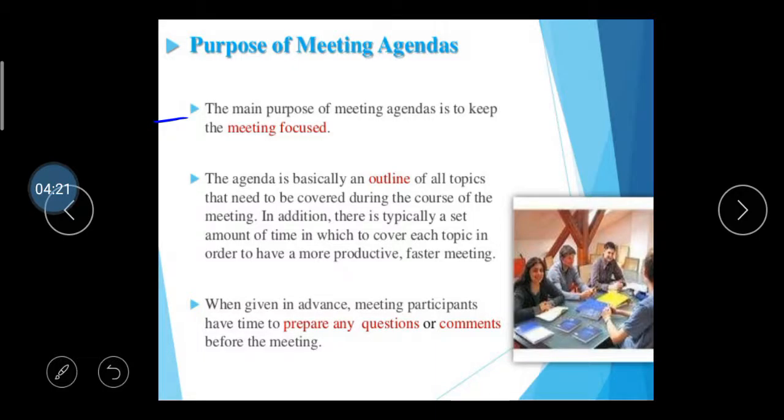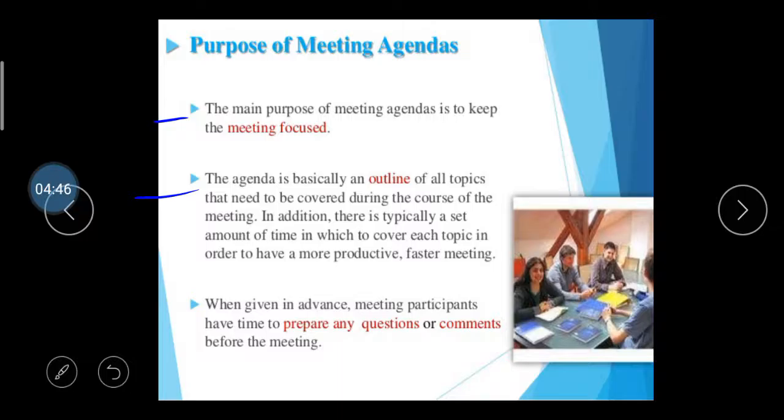First of all, the main purpose of an agenda is to keep the meeting focused. Second, the agenda is an outline of all the topics that need to be covered during the meeting. In addition, there is typically a set amount of time to cover each topic, in order to have a more productive and faster meeting.